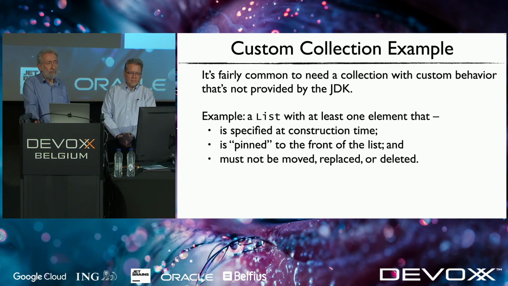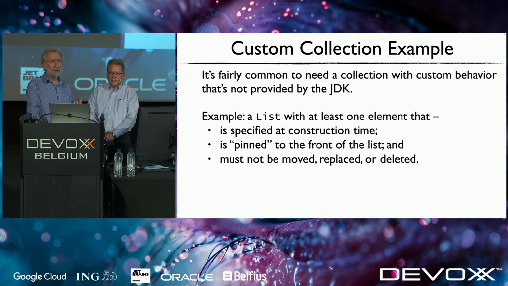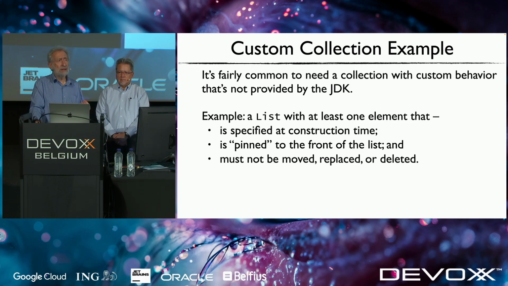It's pretty common to want a collection that does most of the things that a standard collection from the platform library does, but whose behavior varies in some minor way. And after all, that's what inheritance is supposed to do, isn't it? You're supposed to be able to inherit your methods and just modify their behavior slightly.